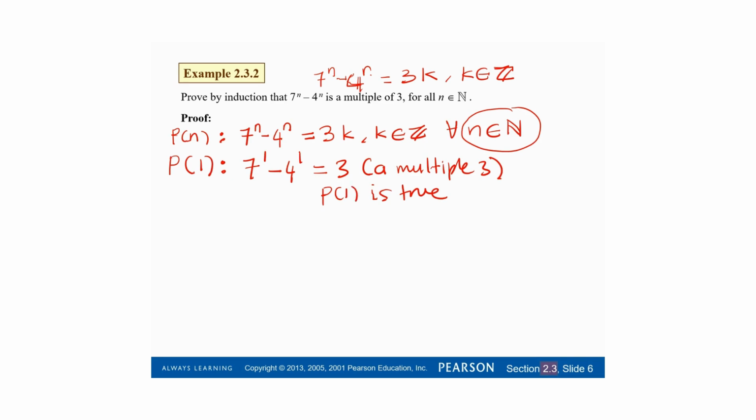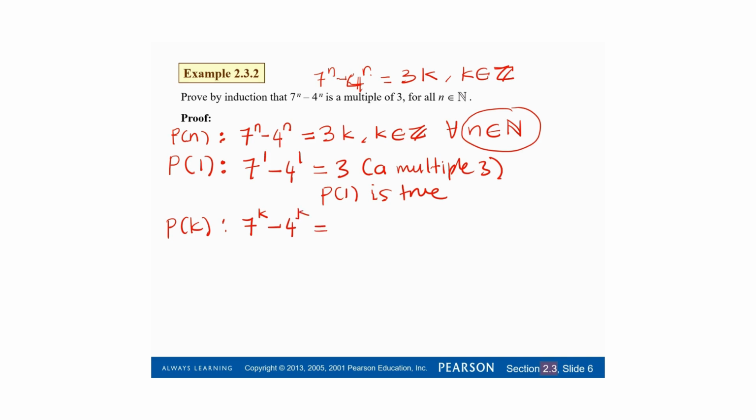Then we proceed to the next case, which is our assumption step, which is Pk. So we assume that the statement Pn is true for the case of n equals k. So we let Pk be 7 to the power of k minus 4 to the power of k, and this will equal a multiple of 3.